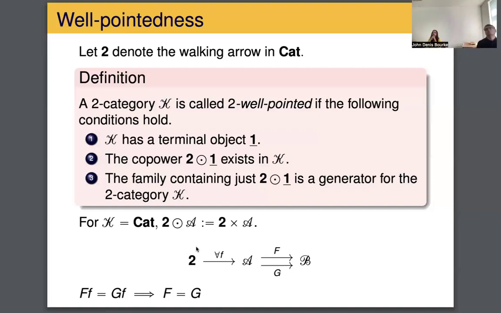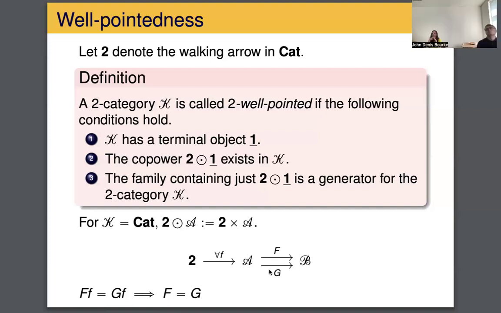So an object like two there, the two generator. If you want to tell if F and G, or big F and big G, are the same, then you can look at just one cells from two into A and see what happens, or you can also look at two cells from two into A. So the difference being look at one cells and two cells.